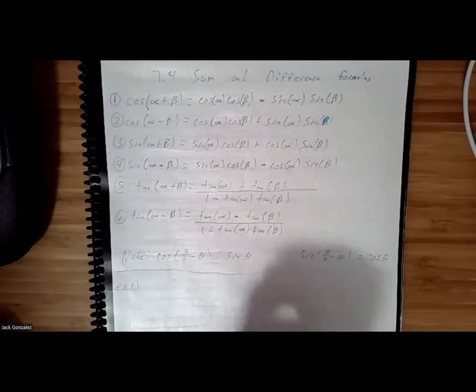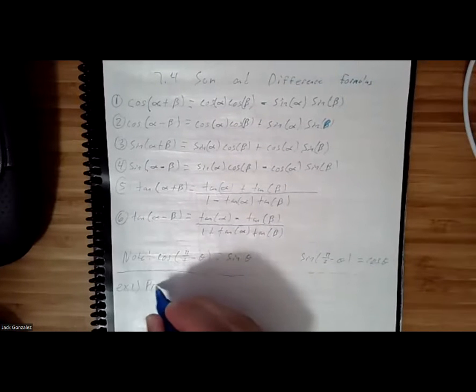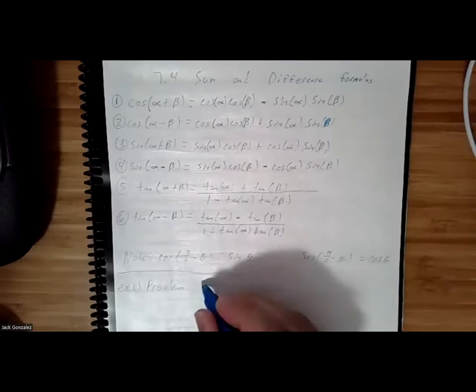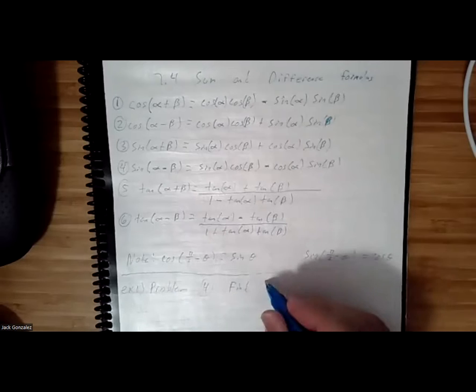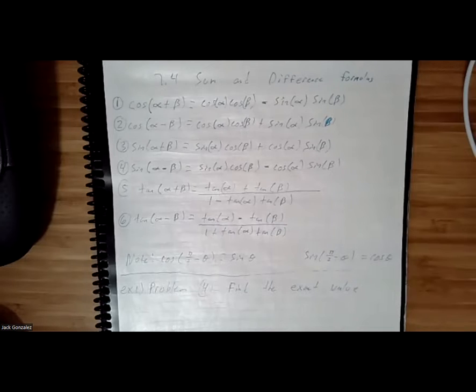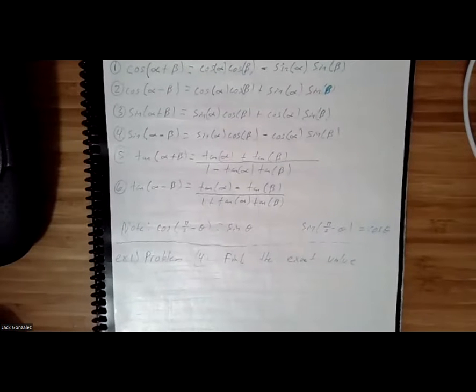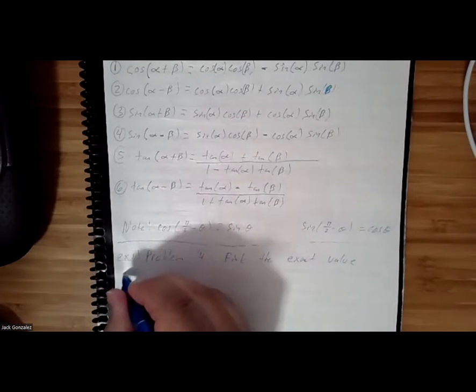All right, so this is problem 4 from your homework. Pretty sure it's problem 4. So you can't use your calculator, you have to find the exact value. So that's the whole point of these formulas, just to avoid getting an approximate answer.